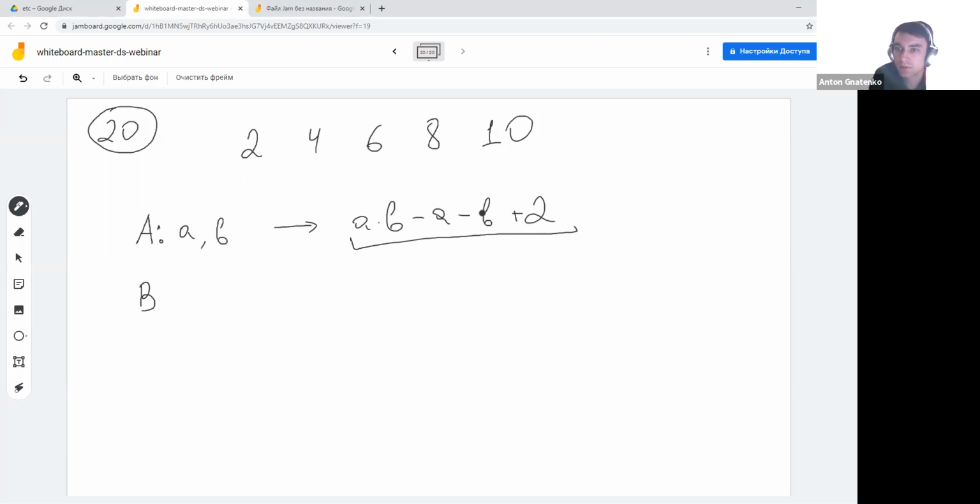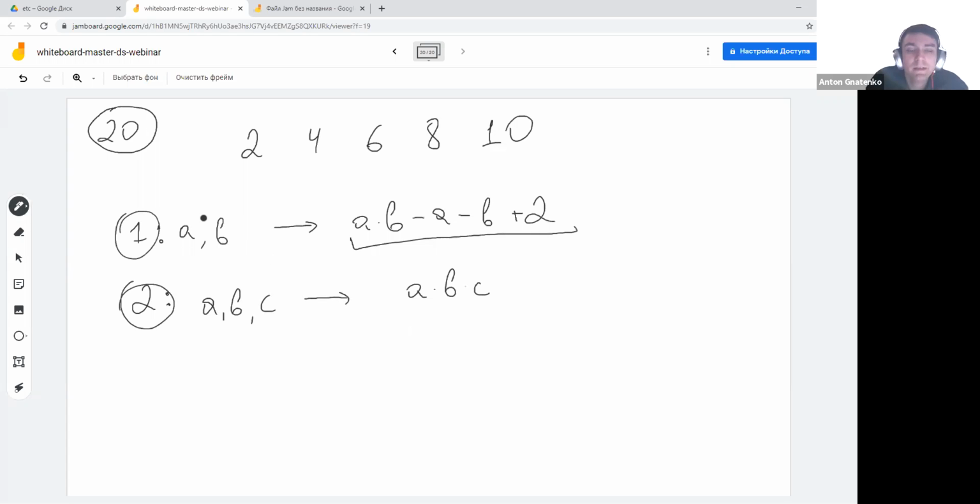So we take 2 numbers, erase them, compute this 1 number, and place it on the whiteboard in place of those 2 numbers. The second possible operation is to take 3 numbers and just replace them with their product. So we either replace 2 numbers with this strange thing, or we replace 3 numbers with their product.